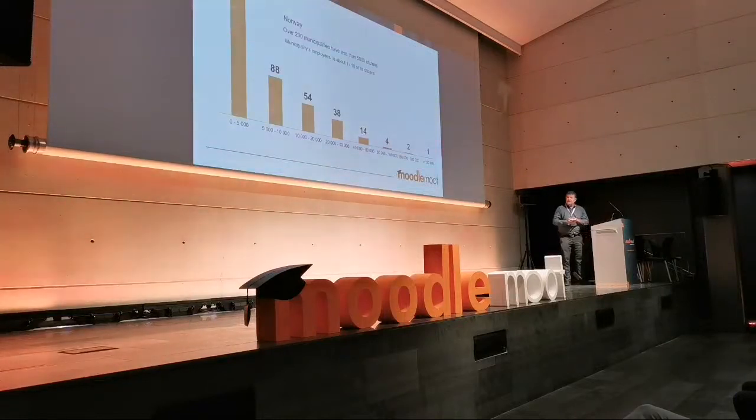Another thing is the size of the population. Now, the population of Norway is about 5.2 million people. It's not that much in the European context, but we compensate for that with a lot of geography. So we have a very, very long country.